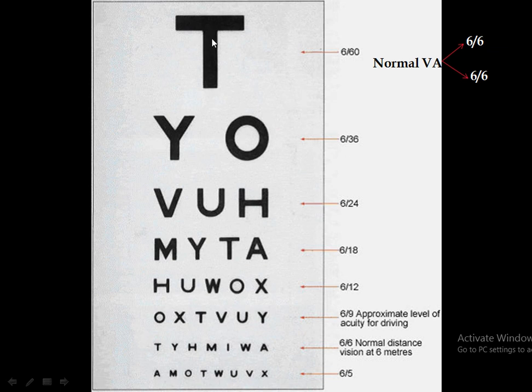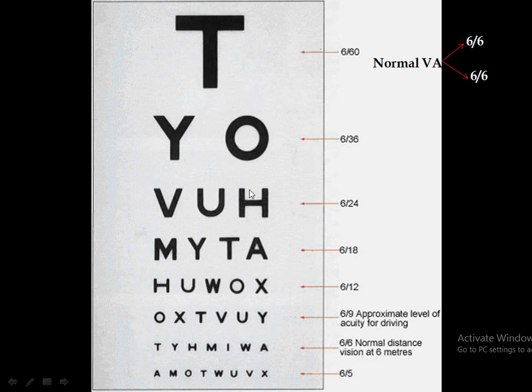So one normal eye can look at this capital T clearly at 6 meter, as he or she can see these letters. In the same manner, at a 60 meter distance this will be visualized.